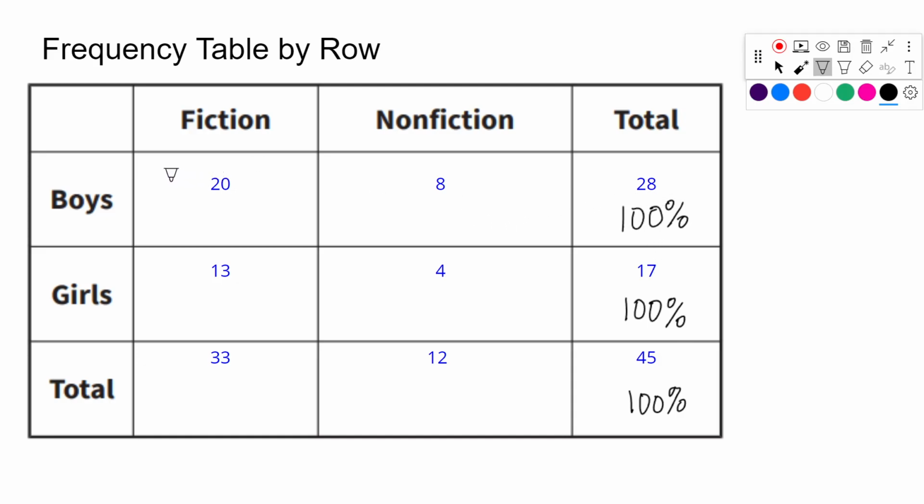So for example, the boys who chose fiction, that's going to be 20 out of 28. So when you find this in the calculator, you're going to take 20 and divide it by 28 times 100. And we'll just go ahead and round this to 1 decimal place. And it is going to be 71%.